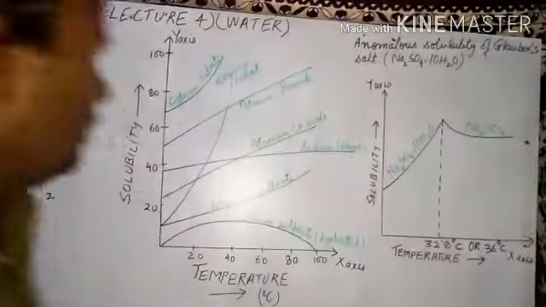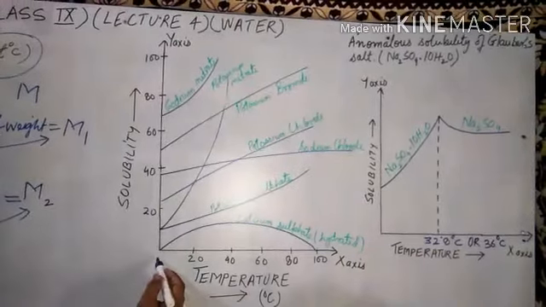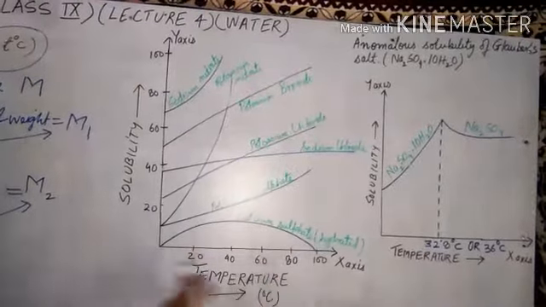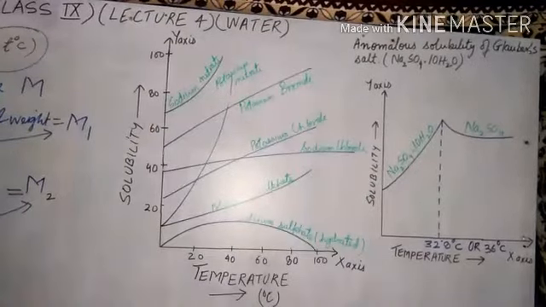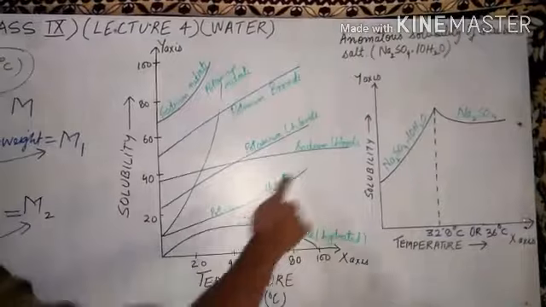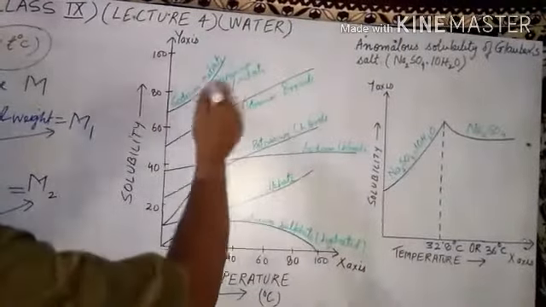The temperature is being increased from 0 to 20, 30, 40, and the solubility from 0 to 20. Now we have calcium sulfate, potassium chloride, sodium chloride, potassium bromide, potassium nitrate.